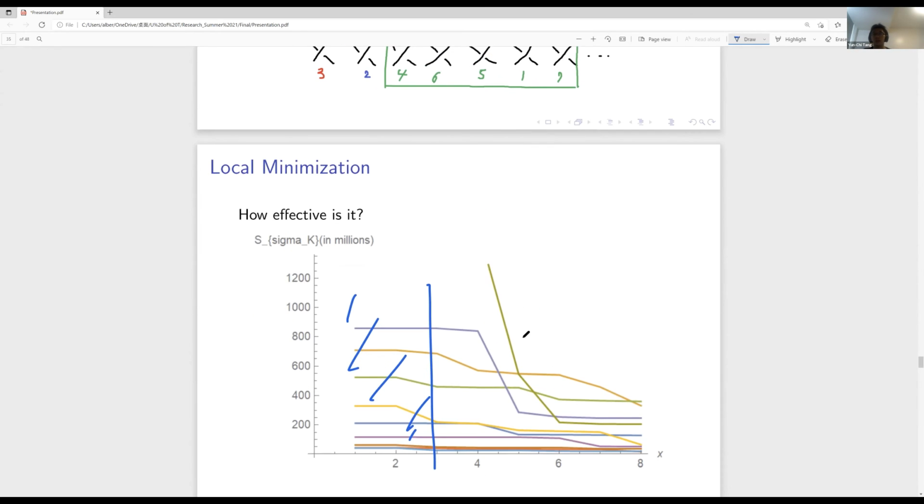And I notice the resulting S value will definitely decrease as I increase the X value, especially at X equals 5 and at X equals 6, the decrease becomes much more significant.